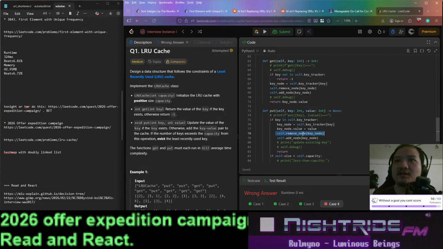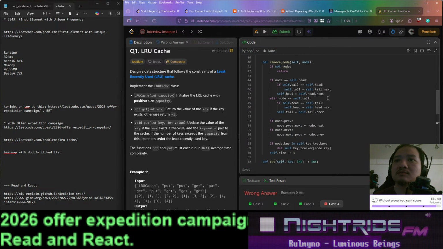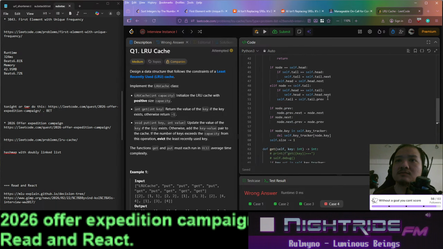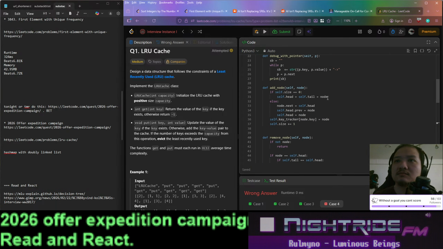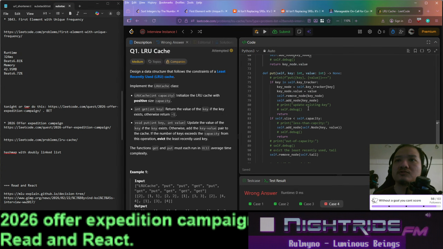So remove and add take care of -1 and +1. Right? Yeah. So otherwise, the key doesn't exist.